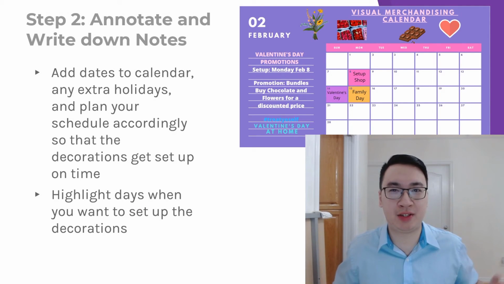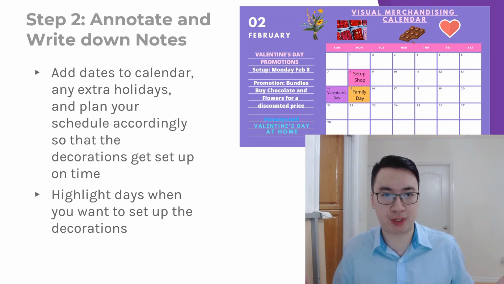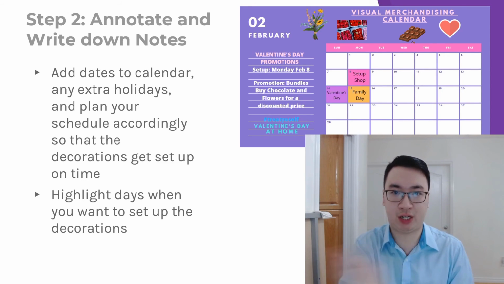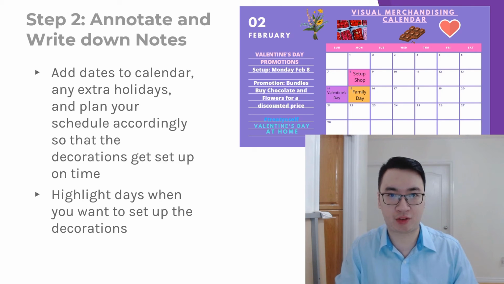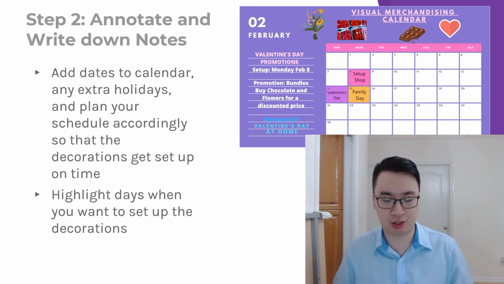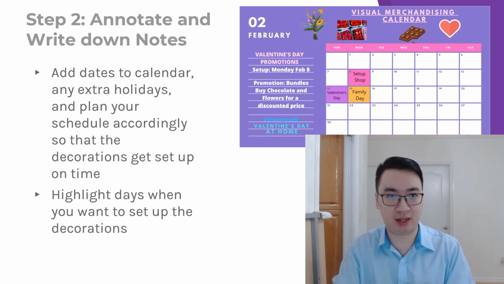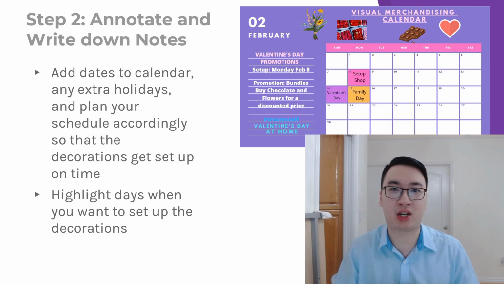And the last step is just to transfer all of these details, make a nice visual merchandising calendar, and perhaps place this in your store somewhere so that if you're flipping through February, March, April, you have all of this here in this one-stop shop, so that if one of your staff were to see, oh, what do we have for June? You can have all the planning done, make it super easy for you to design your store and order the things that you need to decorate your store.